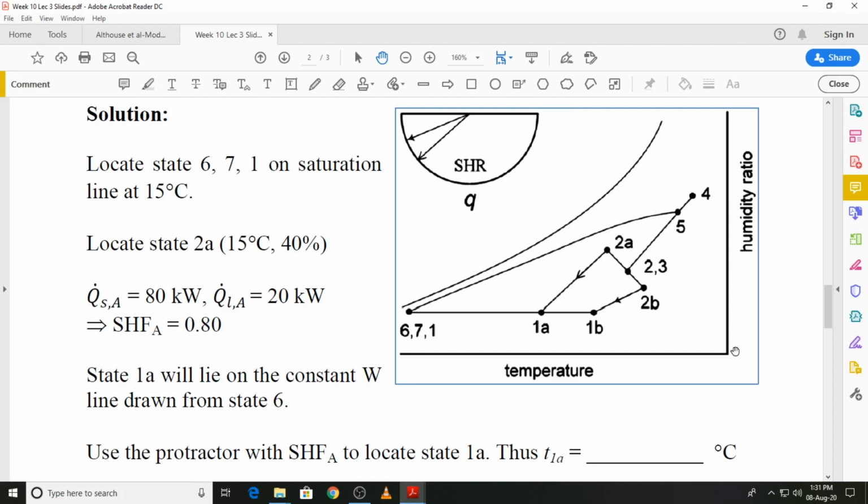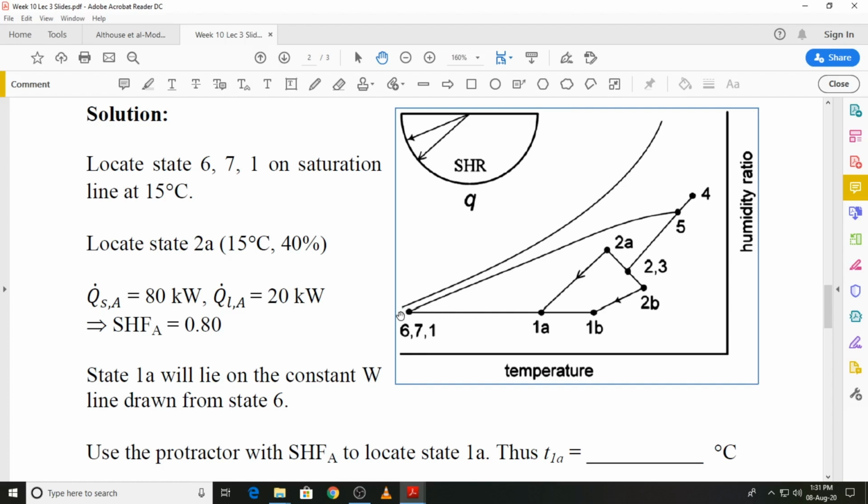So we are told that the air, when it leaves the cooling coil, is saturated and it is at a dry bulb temperature of 15 degrees C. So because it is saturated, only the dry bulb temperature is sufficient. That is, you will mark state 6 on the saturation line corresponding to a dry bulb temperature of 15 degrees C. In this schematic diagram, in this sketch, it is not shown on the saturation line, but when you actually solve this problem, it will lie on the saturation line.